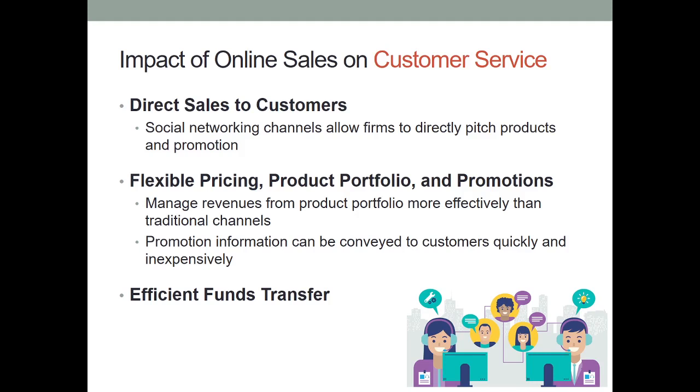If you see Shopee, Lazada, they will always have the promotion to manage their sales. For these online sales also, they are efficient in the fund transfer infrastructure.